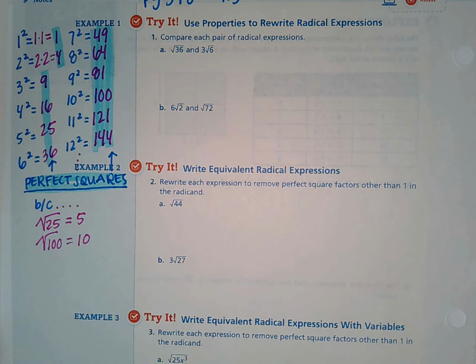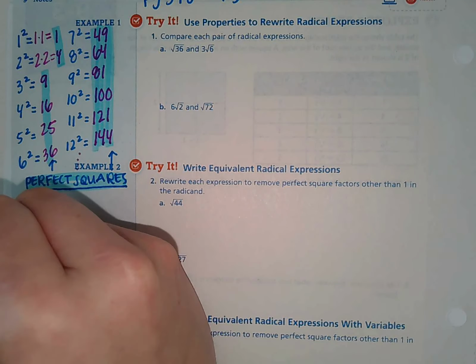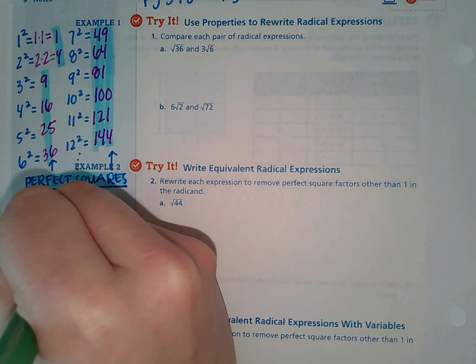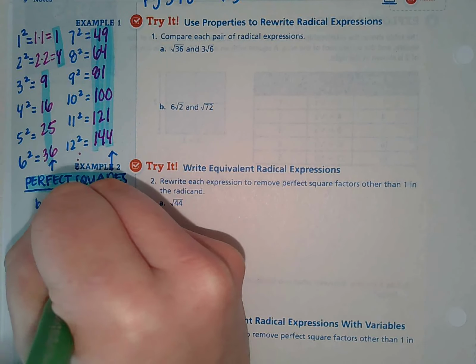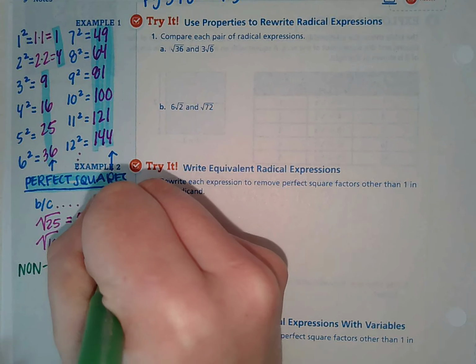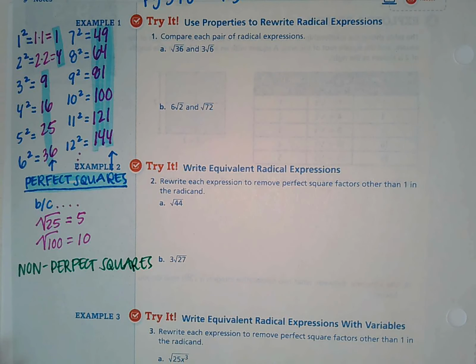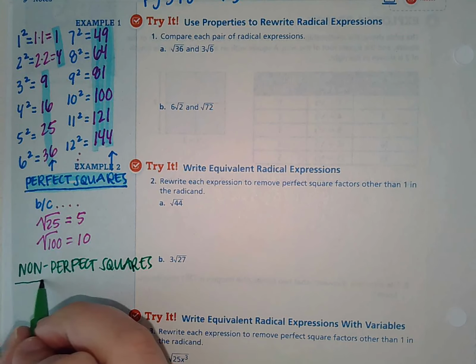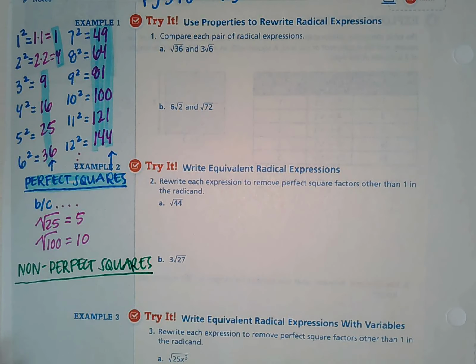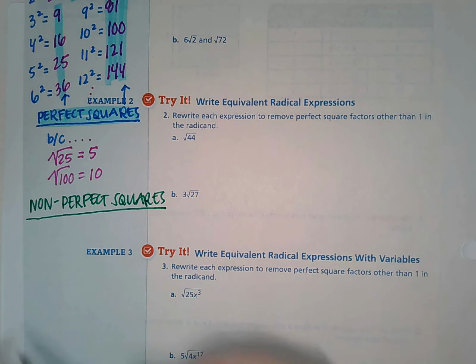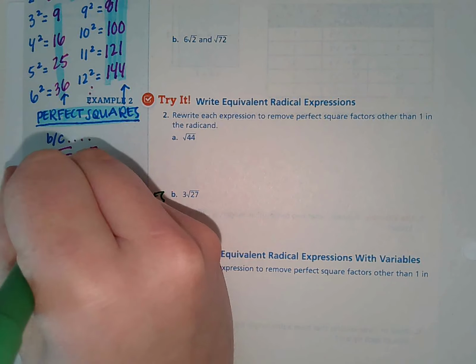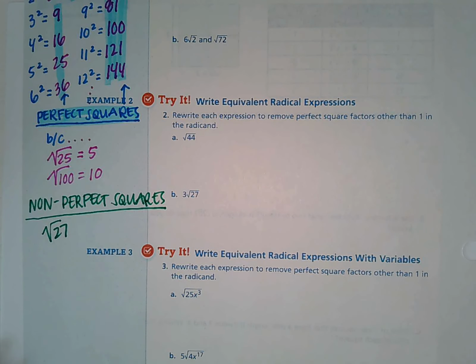Now, on the other side, we can have these things called non-perfect squares, and they are not as fun. These are numbers that when we try to take the square root of them, they aren't perfect. They don't come out to a whole number. So let's say we wanted to take the square root of something like 27.